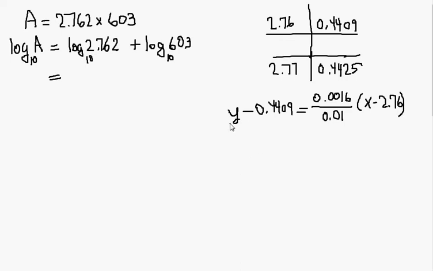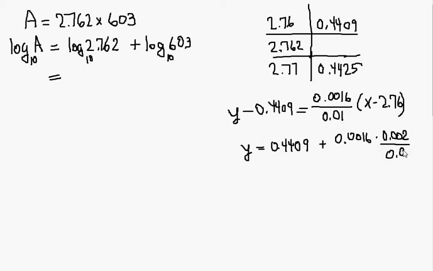And so plugging in x to be 2.762, we have that y is equal to 0.4409 plus 0.0016 times 0.002 divided by 0.01.